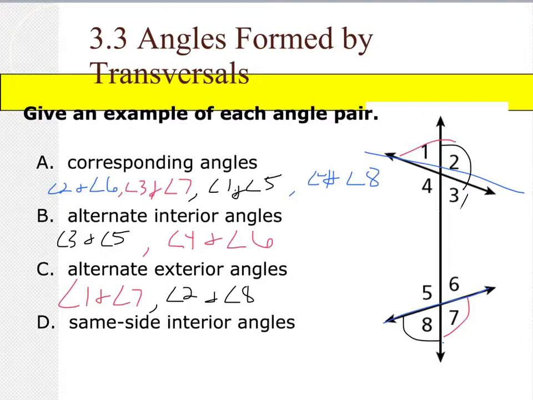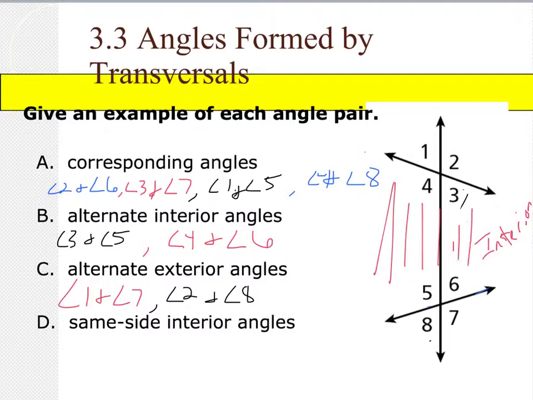Okay, last but not least, we have same side interior. Remember, same side as that transversal and on the interior. So same side interior. If we look at this, our inside would be right here. So interior, this whole space would all be interior.